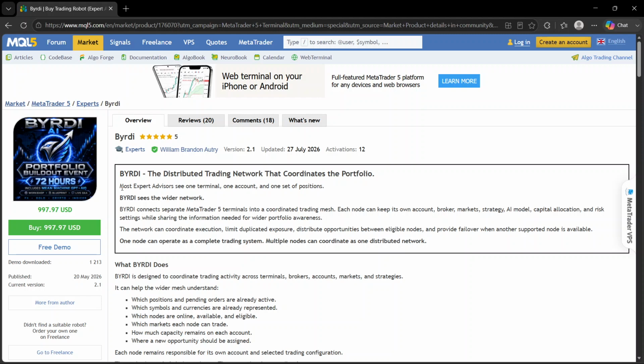If you didn't understand what that means, this is not your regular EA and it does not place trades, but connects separate MetaTrader 5 terminals into a coordinated trading mesh. It's a distributed trading network, as you see. But let's walk through what the page actually says powers this thing.